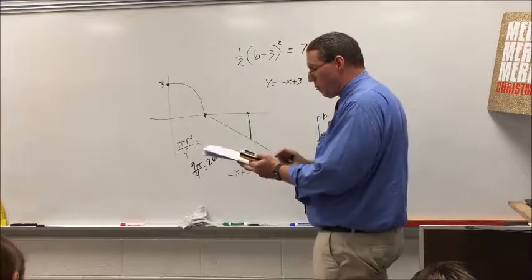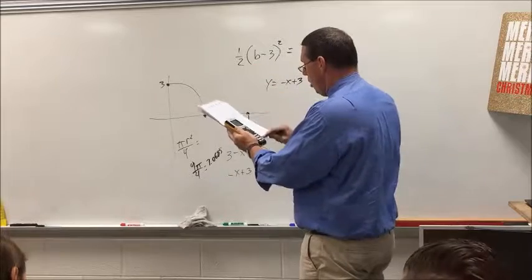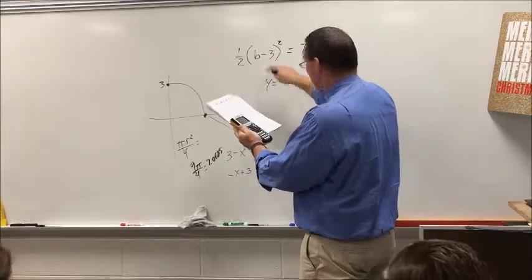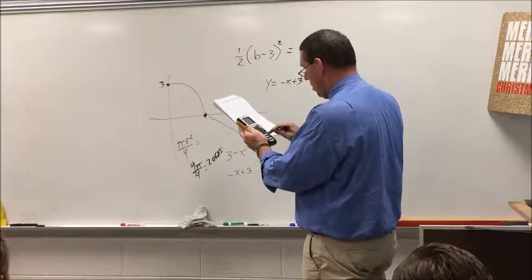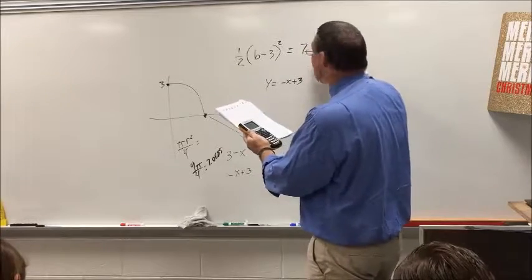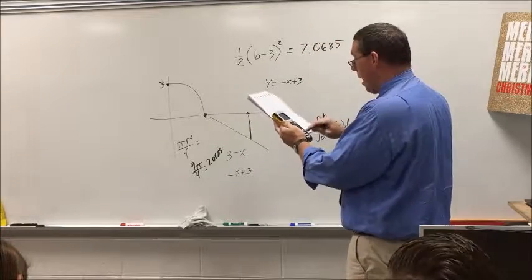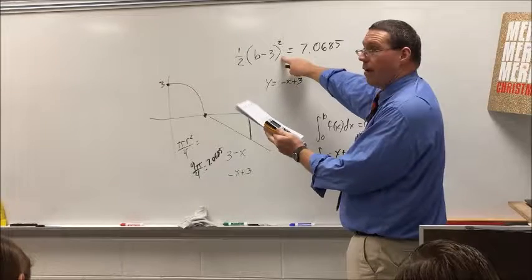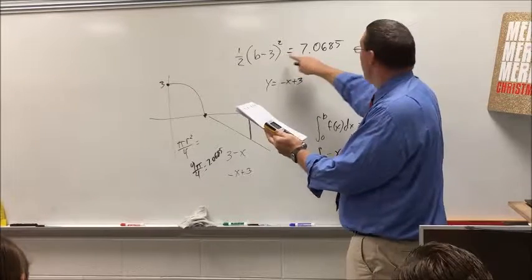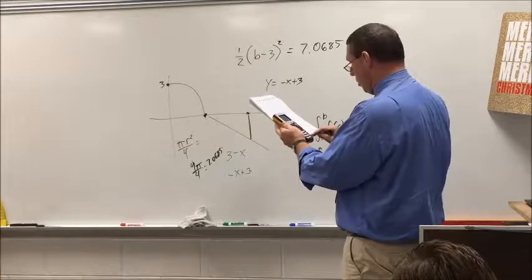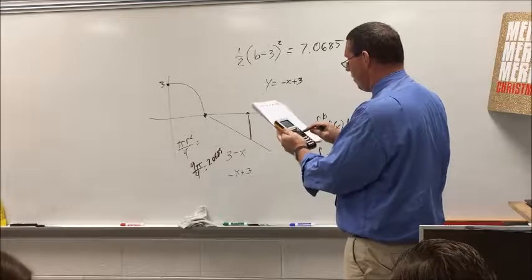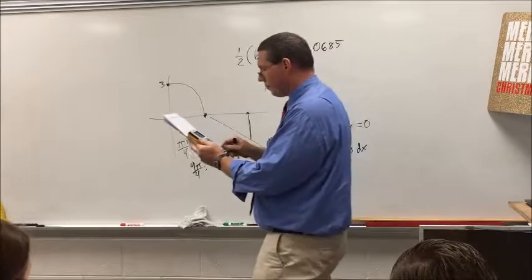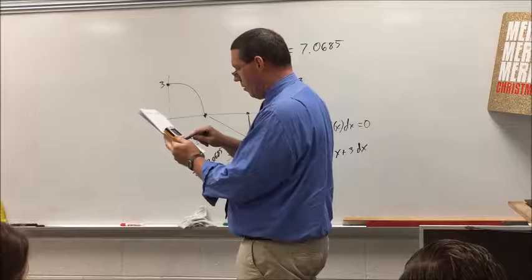I have a calculator, so I'm going to key in 0.5 times (x minus 3) squared. Then I'm going to subtract 7.0685, because I'm going to move it over here and then find the zero. Then I'm going to graph. I have to hit zoom 6.